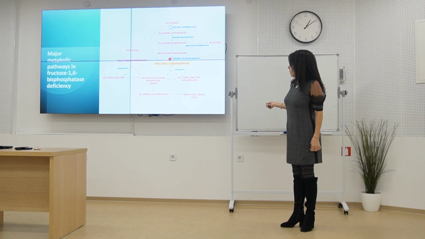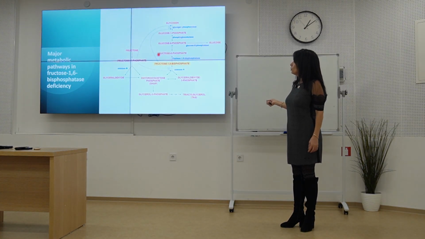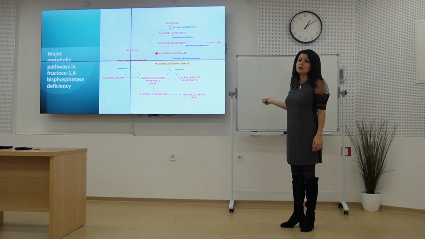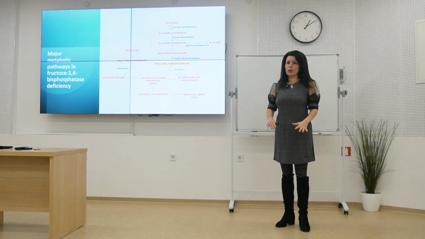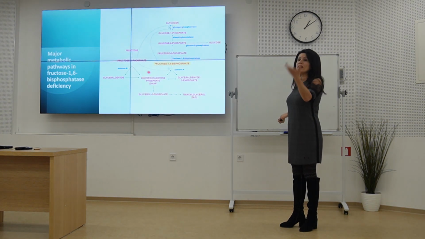If the deficiency is here in fructose 1,6-bisphosphatase, it means that the product of the reaction, fructose 6-phosphate, will be decreased. But the substrate of the reaction, fructose 1,6-bisphosphate, will be increased.